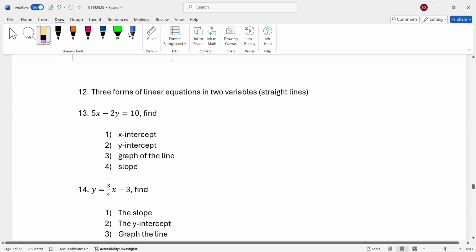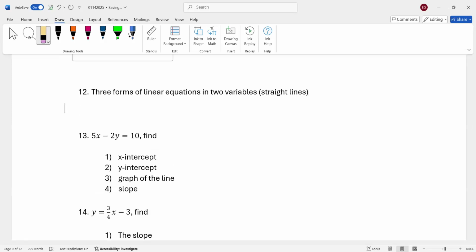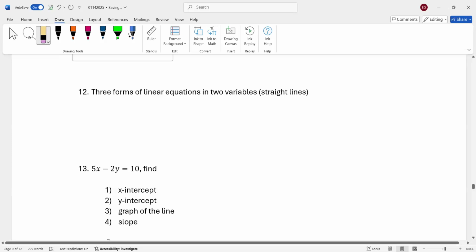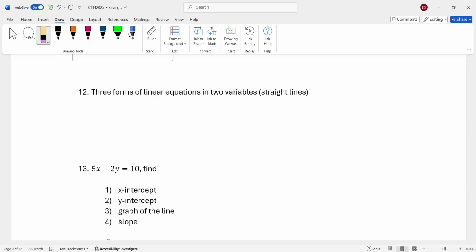All right, let's start from number 12. 3 forms of linear equations in 2 variables. Linear equations in 2 variables correspond to straight lines in a graph. We have 3 forms for the equations representing straight lines. The first form is called the standard form.